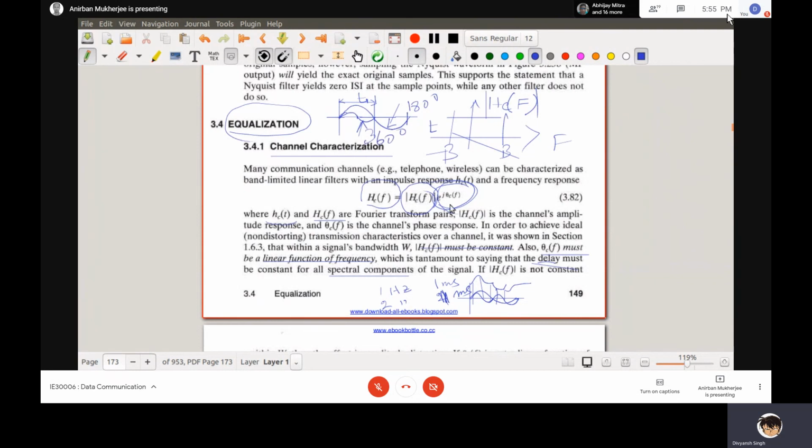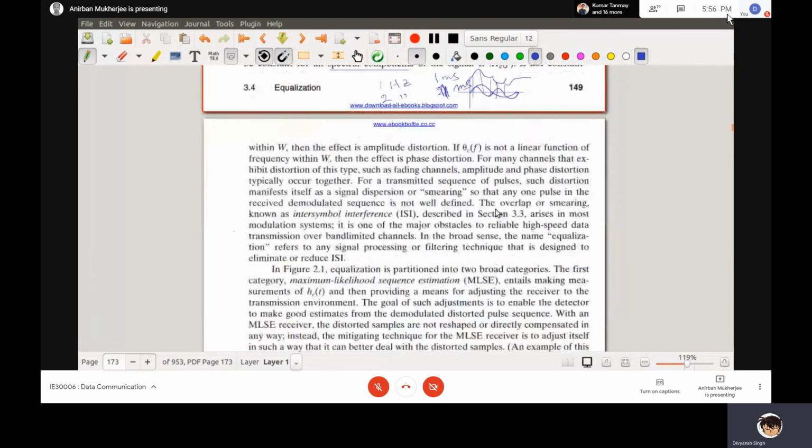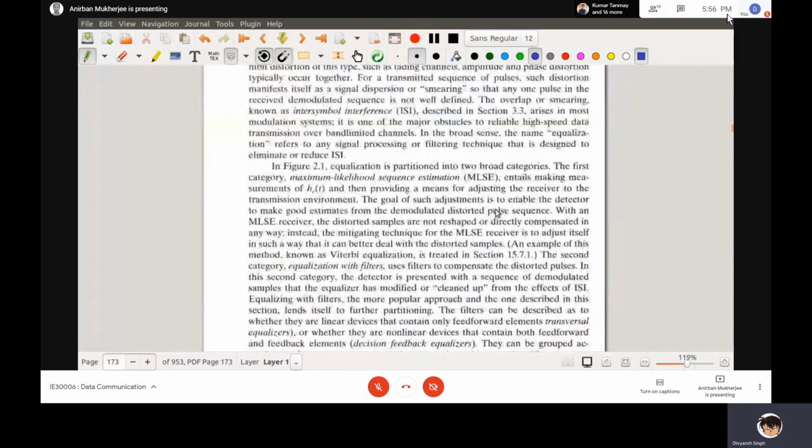That's why I am saying the phase theta_c(f) is linear in frequency; time delay is the same, but the phase delay for f is 180 and for 2f it is 360. If you draw this waveform, you will find it. So phase delay is linear in frequency, and time delay is constant for all spectral components.